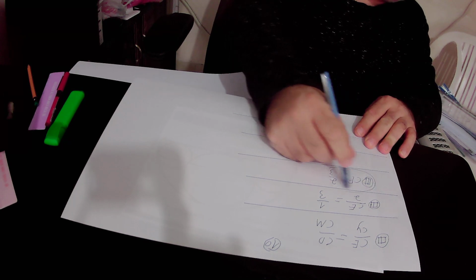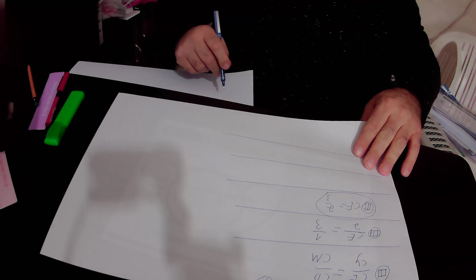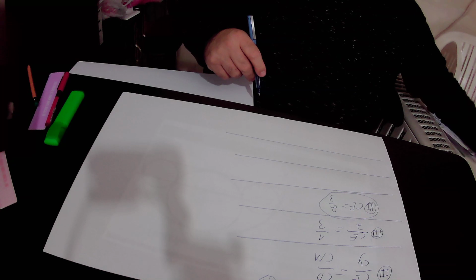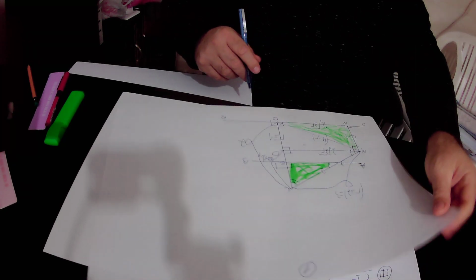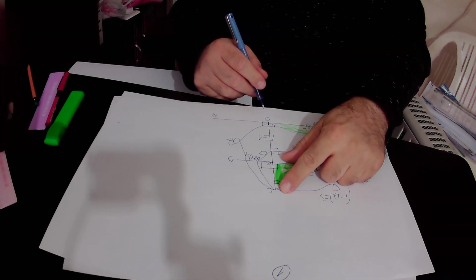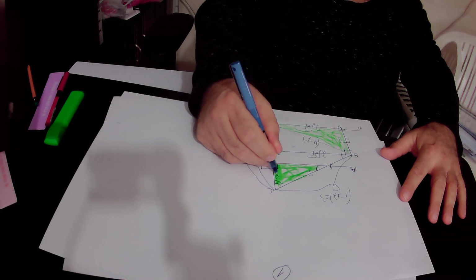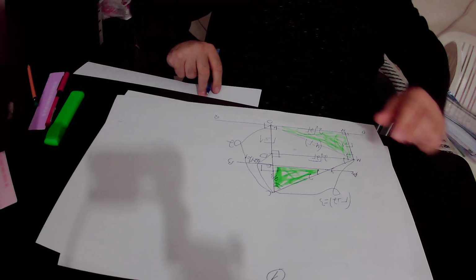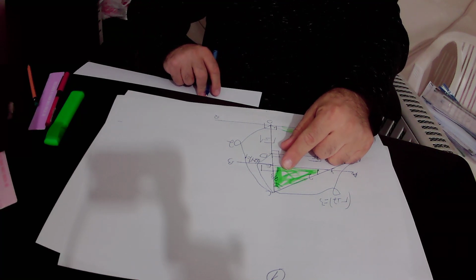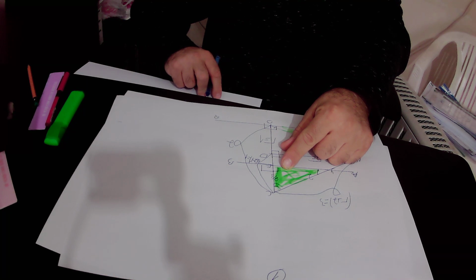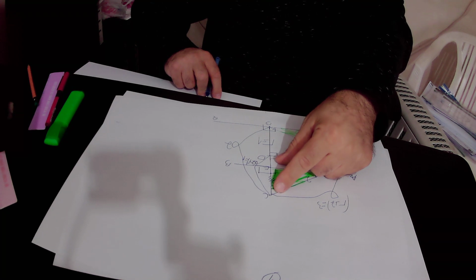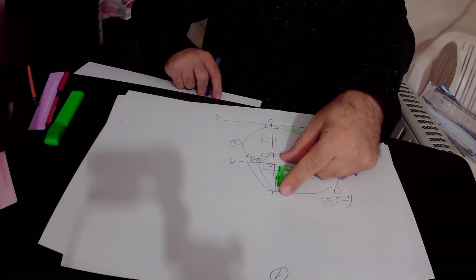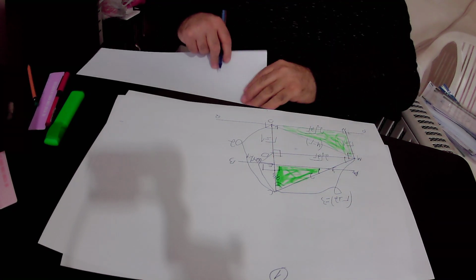So we found out that CE equals 2/3. So we can write here that CE, this line segment, equals 2/3. And what is the value of ED? From the drawing you can see that ED equals CD minus CE.